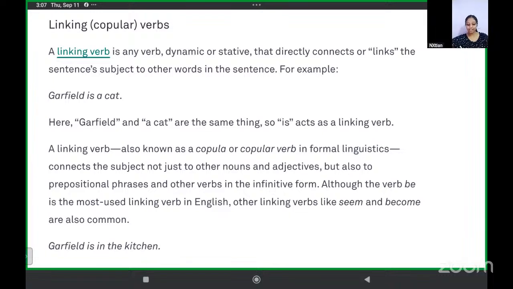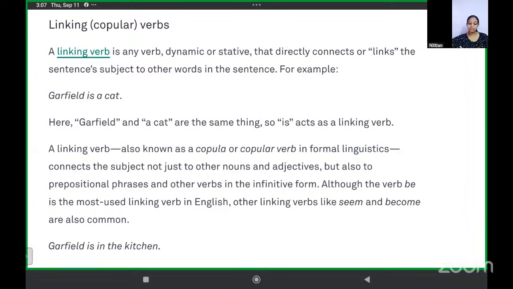Now, a linking verb, also known as a copula or copular verb in formal linguistics, connects the subject not just to other nouns and adjectives, but also to prepositional phrases and other verbs in the infinitive form.